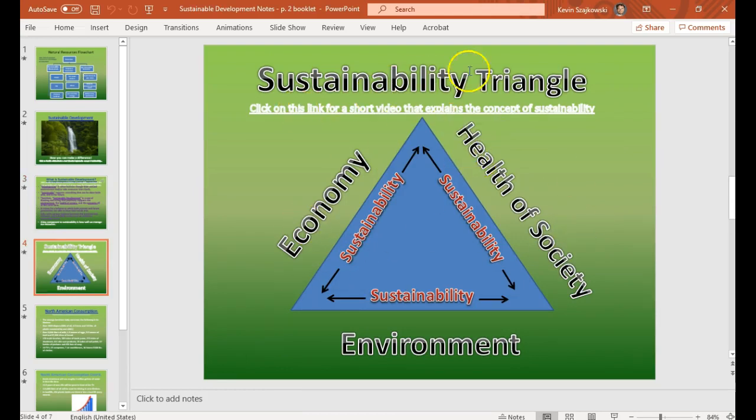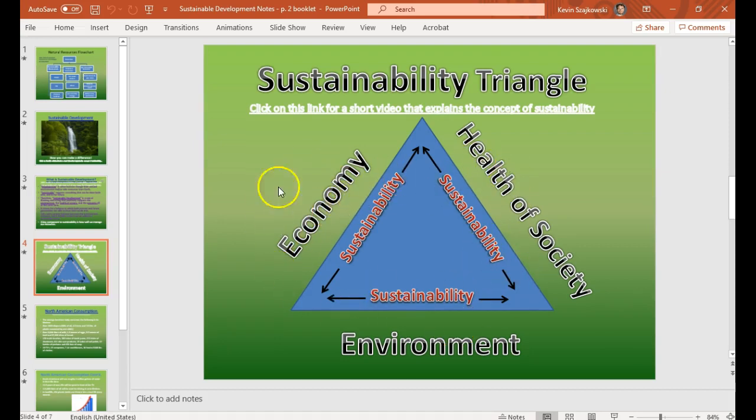Okay, and so we call this the sustainability triangle. And as you read through the notes and watch the videos that are hyperlinked to these slides, you'll learn that really the essence of sustainability is one that tries to balance these three things.